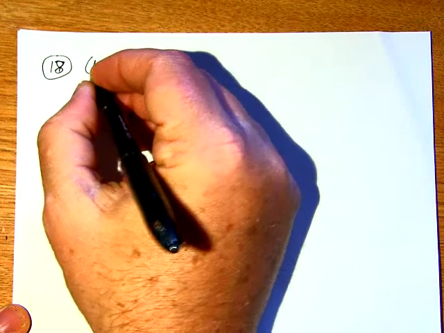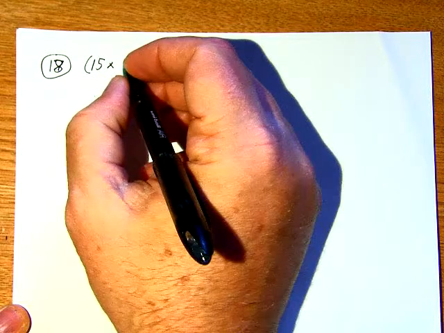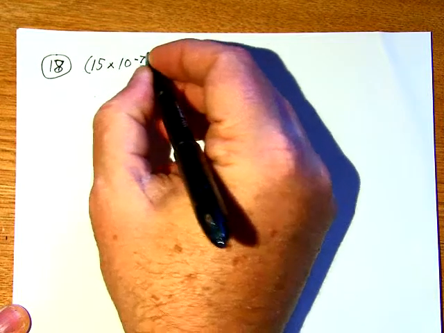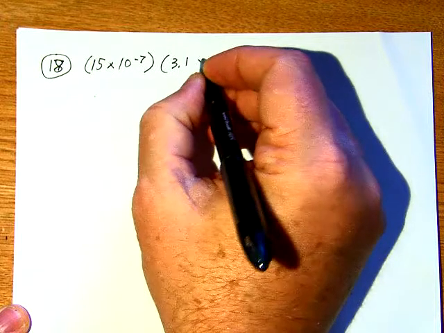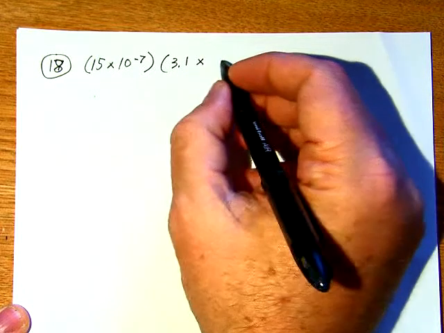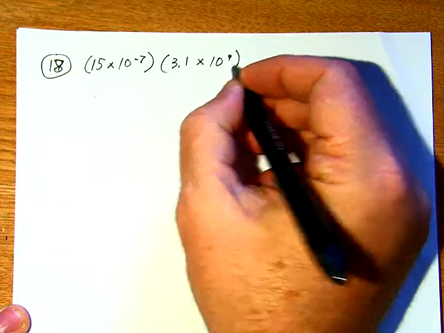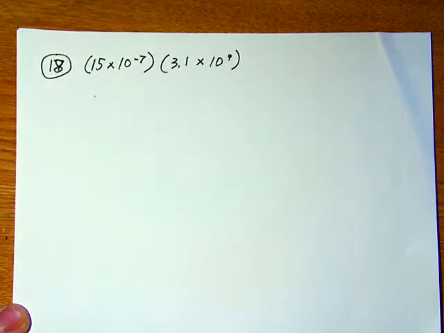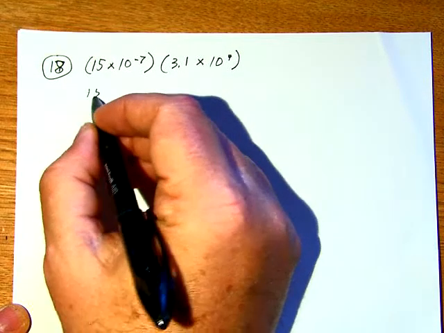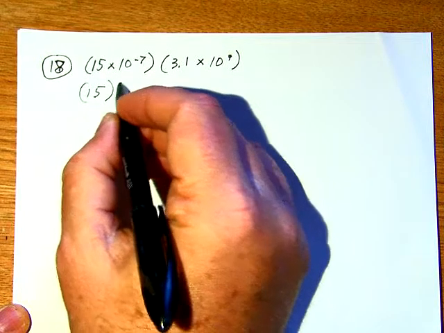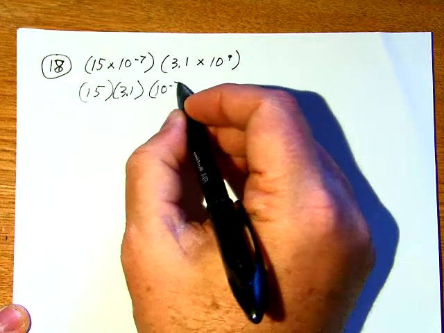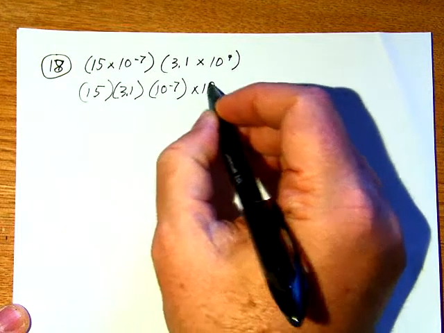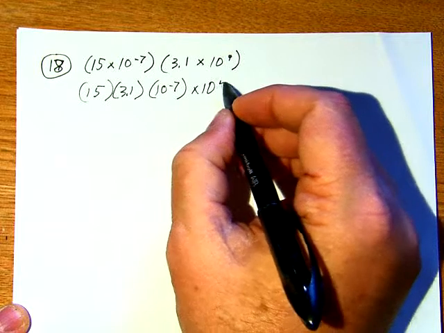Number 18 is 15 times 10 to the negative 7 times 3.1 times 10 to the fourth. Once again, I can multiply 15 times 3.1, the factors, times 10 to the negative 7th times 10 to the fourth.